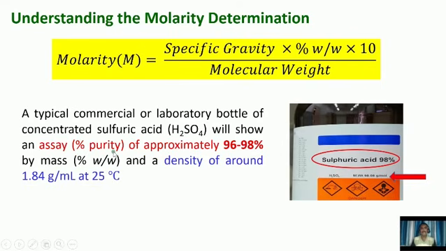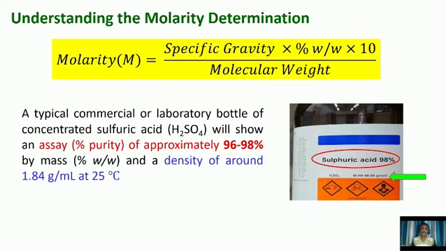So 96 to 98% percentage weight by weight, assay, or percentage purity is there. And my friends, the density is around 1.84 gram per ml. This is a particular value at 25 degrees Celsius. The temperature may change the density. You can see that with this green arrow I have shown the molecular weight of H2SO4, which is there on the bottle.